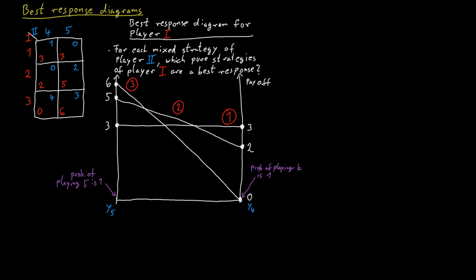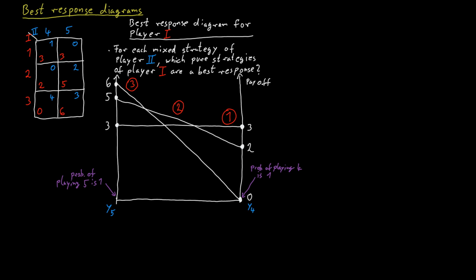Now, what would player 1 want to do? Player 1 wants to maximize the expected payoff. So if player 1 knows what player 2 is doing, player 1 would just pick the pure strategy that maximizes the payoff. So it would just pick the strategy that corresponds to the line that is highest in this graph. And so that depends on what the mixed strategy of player 2 is.